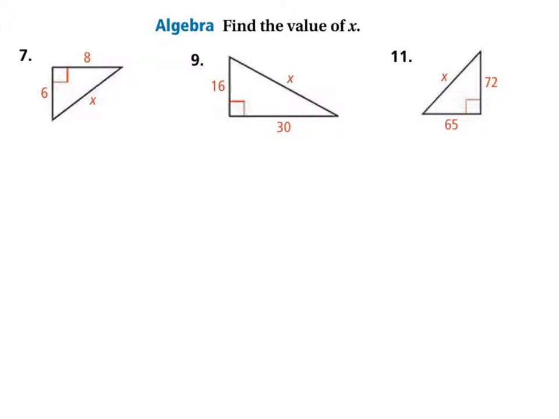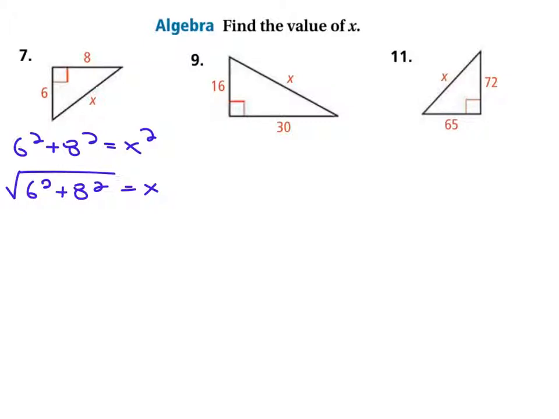But let's pretend you didn't know that and you wanted to just test it. So you can just say 6 squared plus 8 squared equals x squared. Or another way you could do it is to say the square root of 6 squared plus 8 squared just equals x.